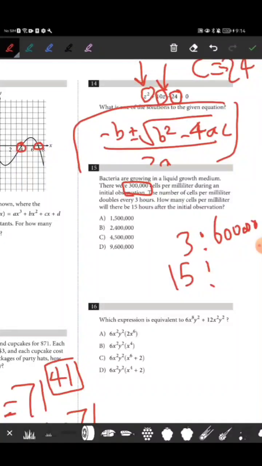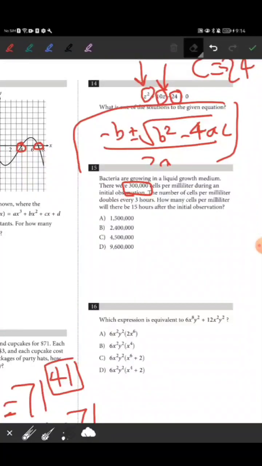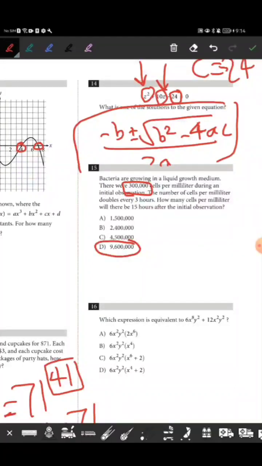So I'm going to do cross multiplication. I'm going to multiply 15 by 600,000 divided by 3, which is going to give me 9,600,000. So let's solve it with a different method.